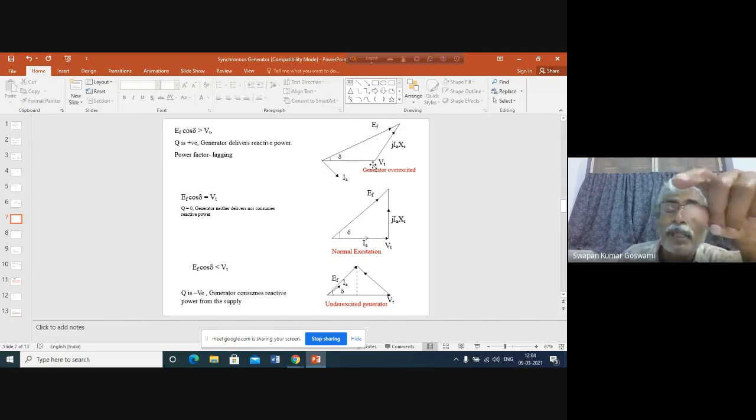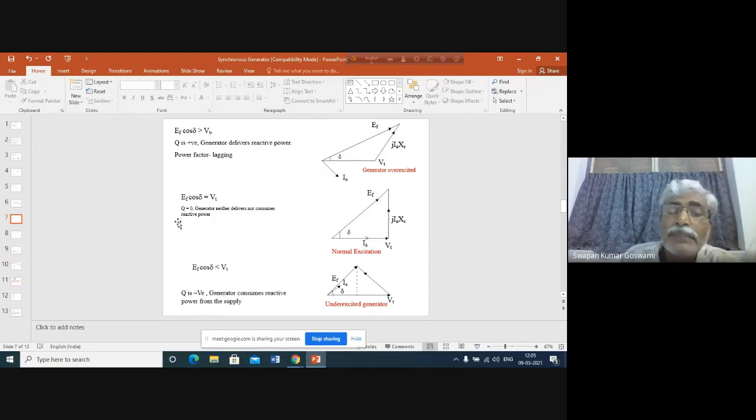In this case we shall say that the generator is overexcited. Why is it overexcited? I shall explain. Now consider this situation: EF cosine delta is just equal to VT. What happens in this case? EF cosine delta minus VT becomes zero, meaning reactive power becomes zero.